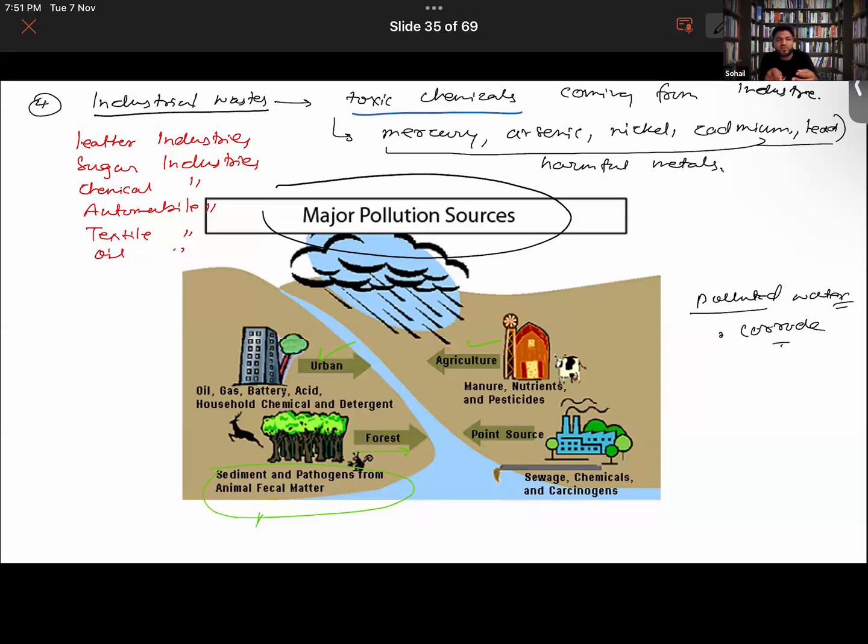Actually, mercury is a liquid metal. Mercury is the name of a planet also, and mercury is the metal found inside the tube of clinical thermometers. So that is very harmful.